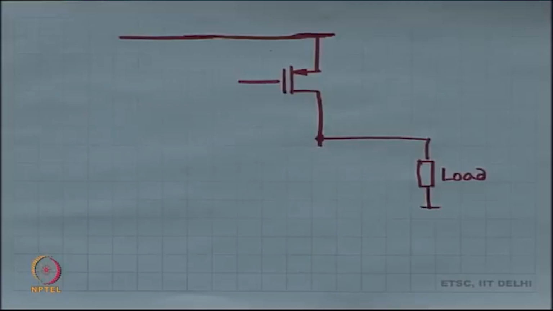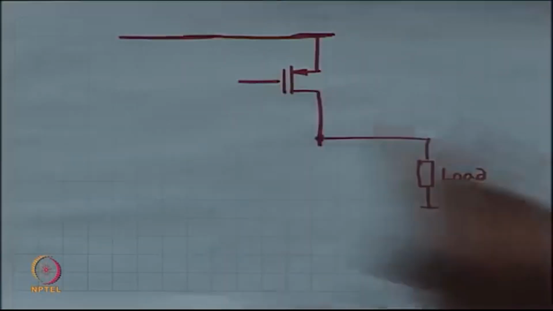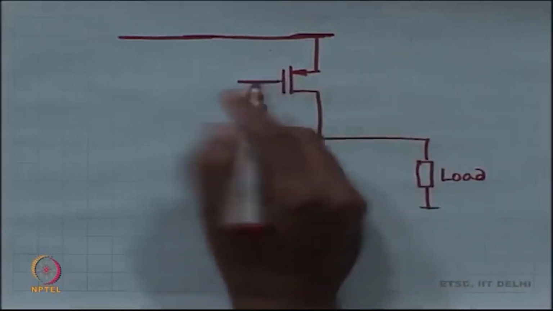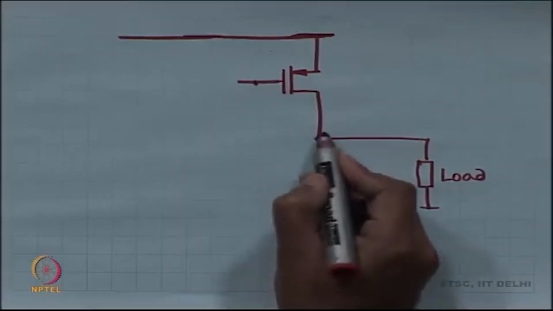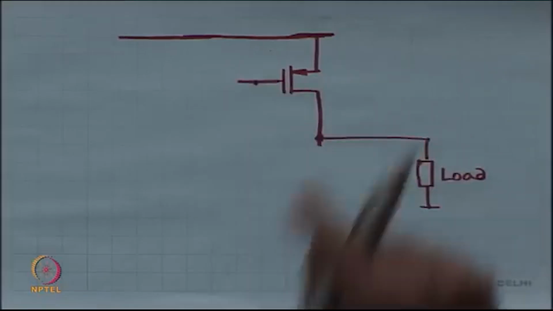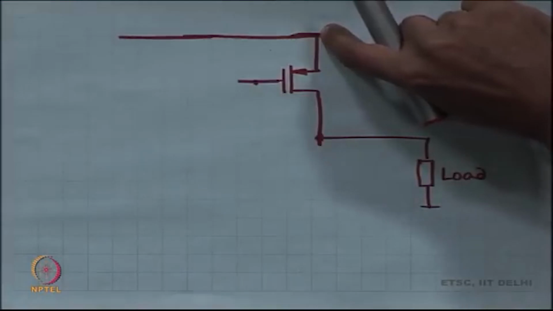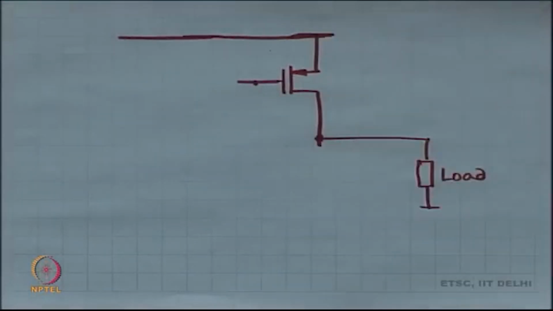Unfortunately, when you flip it around, this MOSFET starts working like a common source amplifier, right. If the input is at this terminal, output is at this terminal, then it looks like a common source amplifier. If you think of the input over here, then it looks like a common gate amplifier.